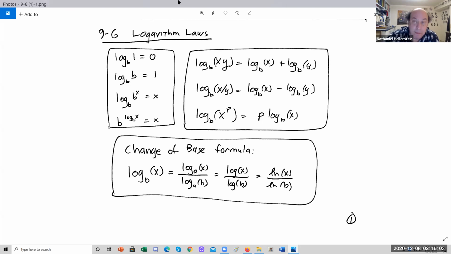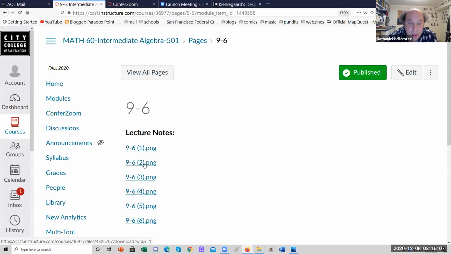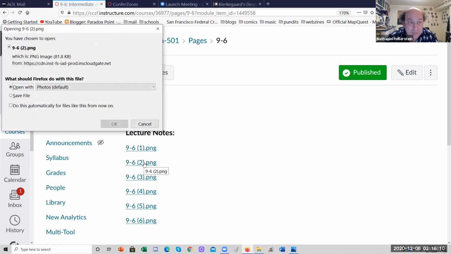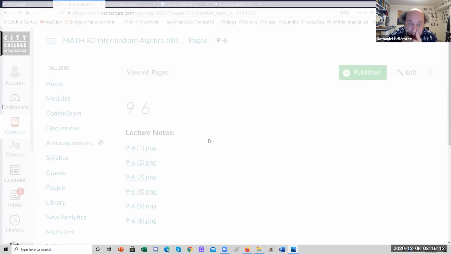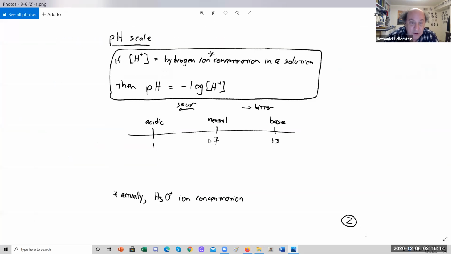Just before I go on, there's a pH scale. pH is minus the logarithm of the hydrogen ion concentration in a solution. That's what this bracket expression is. But it's not actually a hydrogen ion. A hydrogen ion is a proton, a subatomic particle, that doesn't really hang out in water too well.